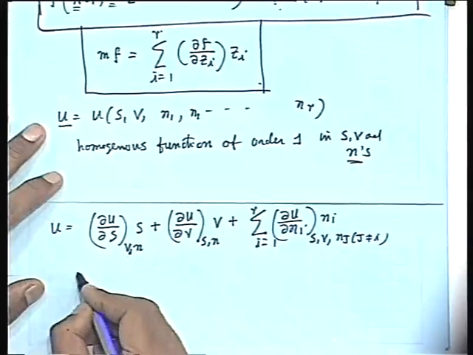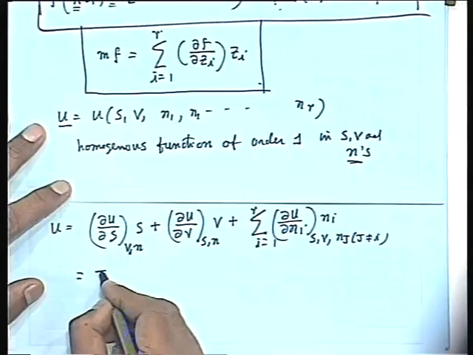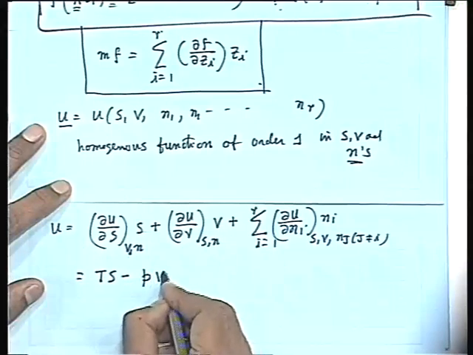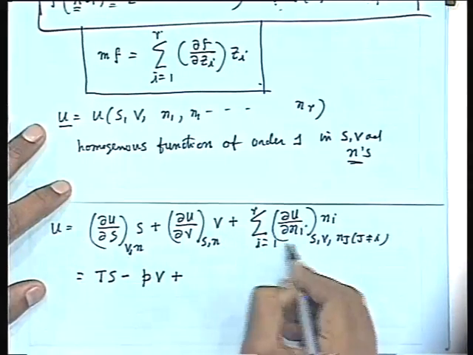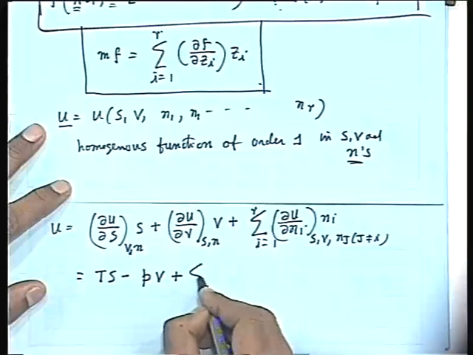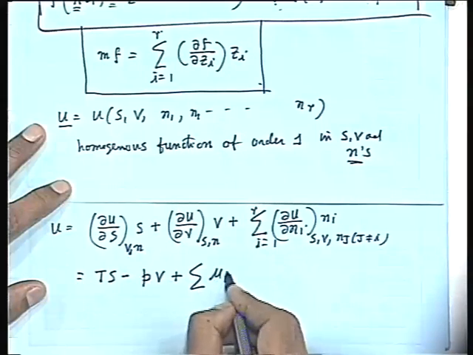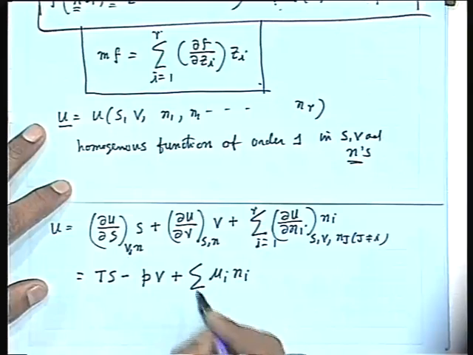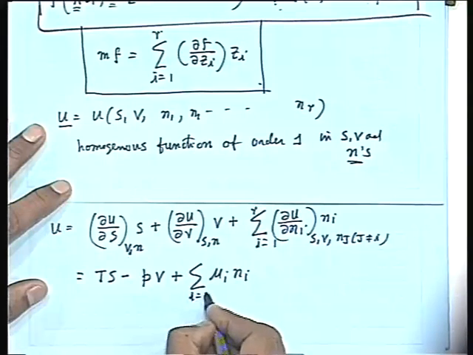So ∂U/∂S I already know is T, so this is TS, and this I already know is −P, so −PV, and this by definition is μ. That means we have written the sum of μᵢ nᵢ, i = 1 to r.